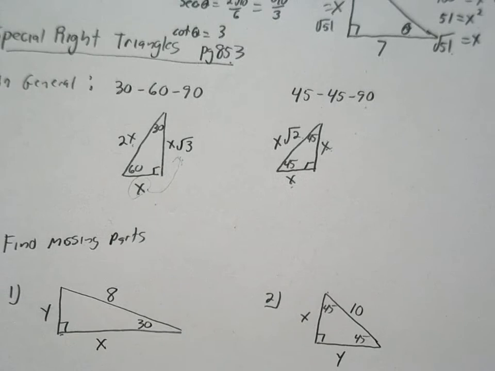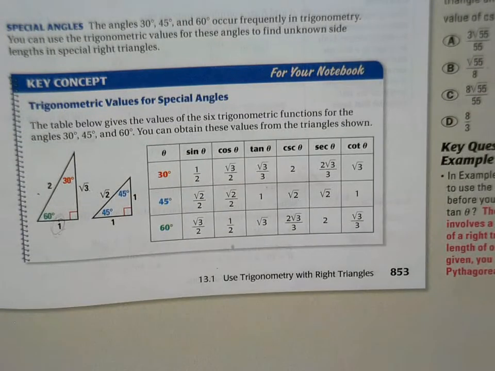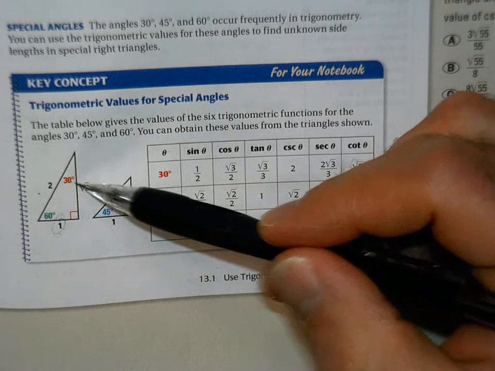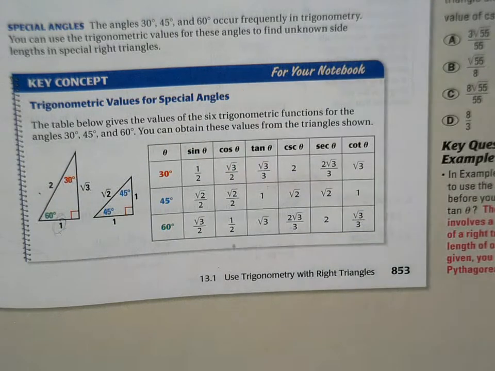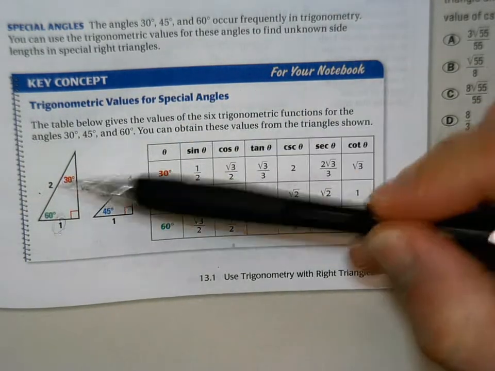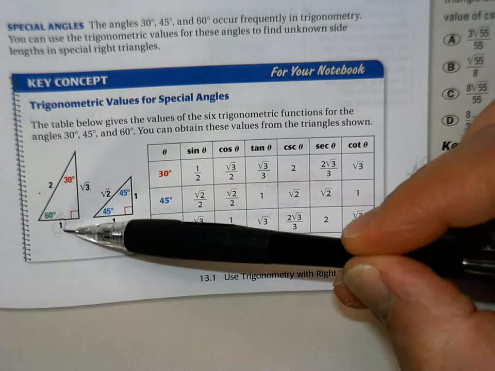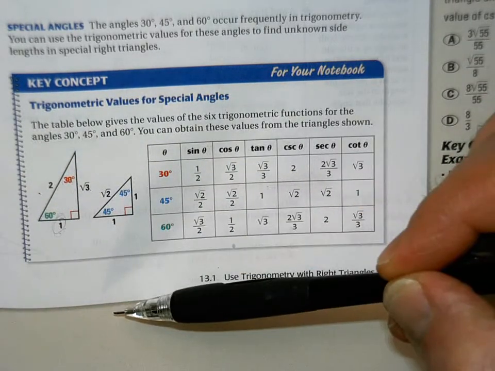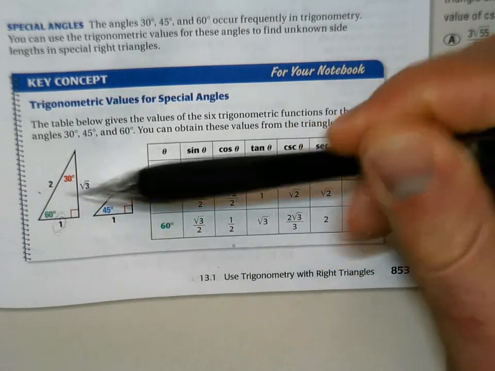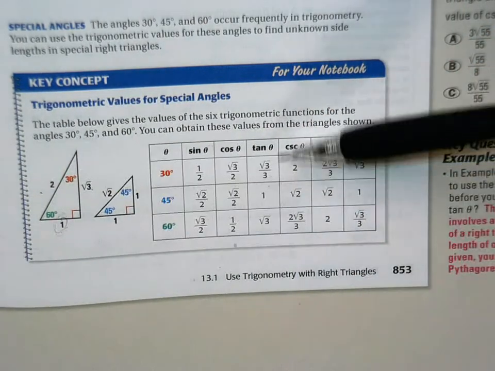So in this chart, it shows us all the different ratios of the simplest of each of these triangles. For example, if I want to know what the sine of 30 degrees is, the sine of 30 degrees is 1 over 2. The cosine of 30 degrees is the square root of 3 over 2, adjacent over hypotenuse.